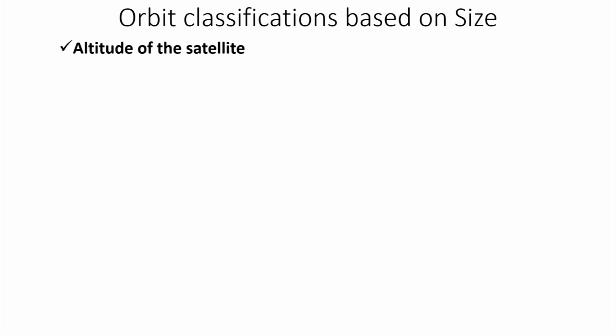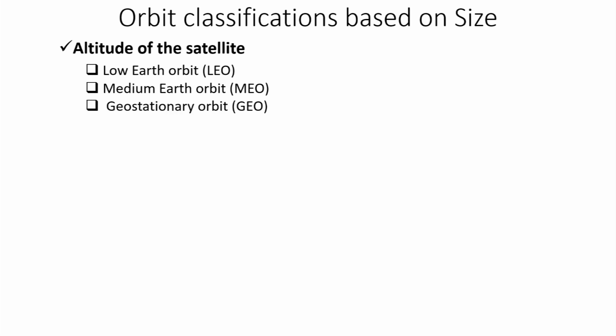If we do the orbit classification based on size, we have 3 types: the low earth orbit, the medium earth orbit, and the high earth orbit, or HEO, where geostationary and geosynchronous orbits come under this high earth orbit.